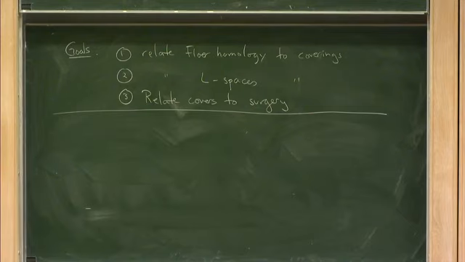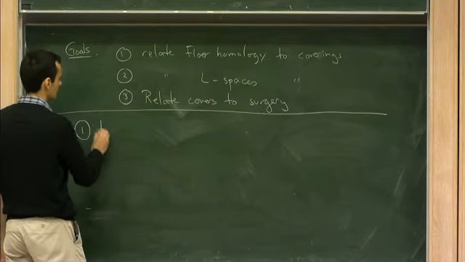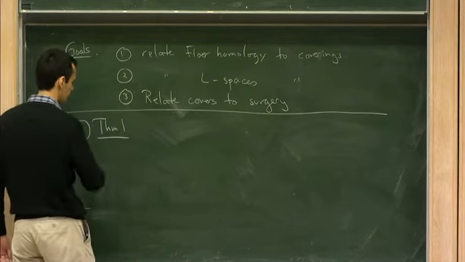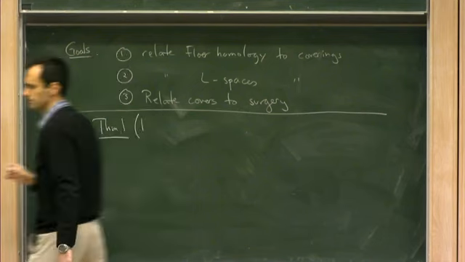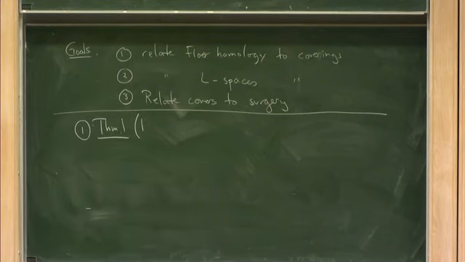Okay, so let's just state the main theorem with regard to 1. So let me call it theorem 1 so I can keep track of them. Make sure I get the hypothesis right.